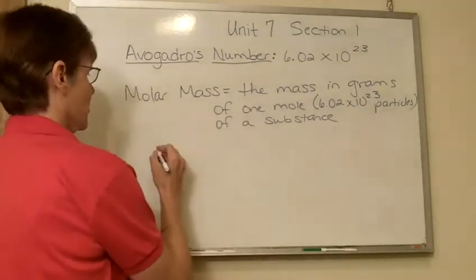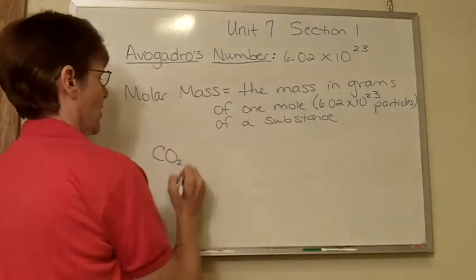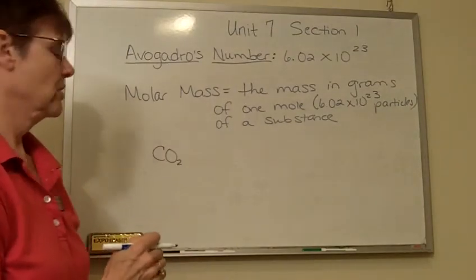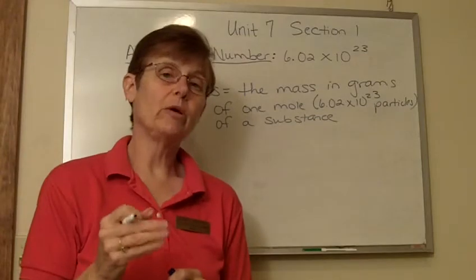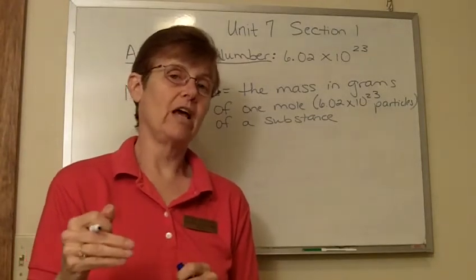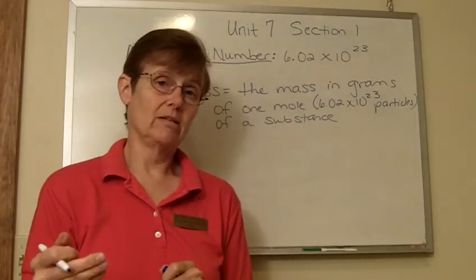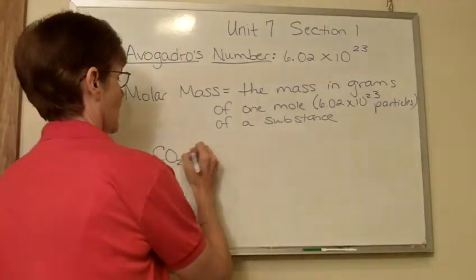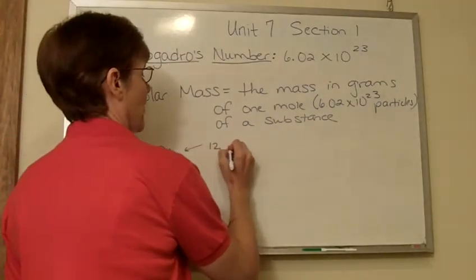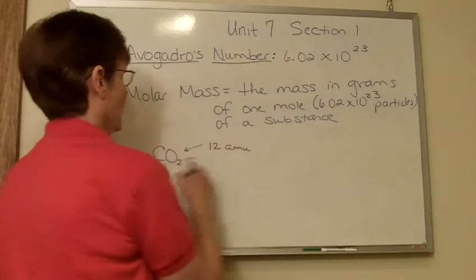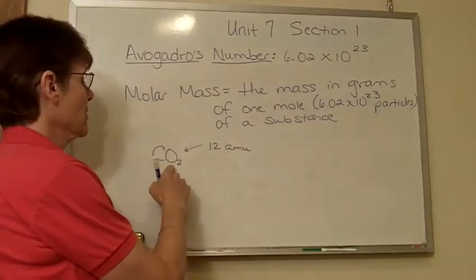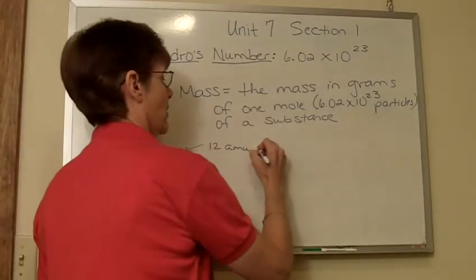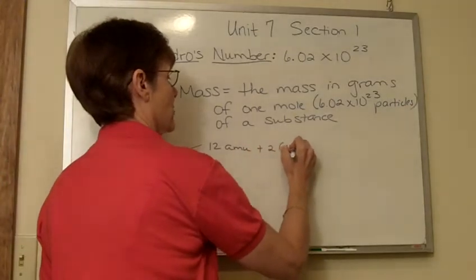Now let's say that we wanted to do a molecule, something like carbon dioxide. Then we would look at each individual atom separately. And you remember doing this back when we had to calculate formula masses. So if I wanted to calculate the formula mass of this, I would say there's 12 AMUs for the carbon. There's 16 AMUs for each oxygen, so we'll have 2 oxygens, so 2 times 16.